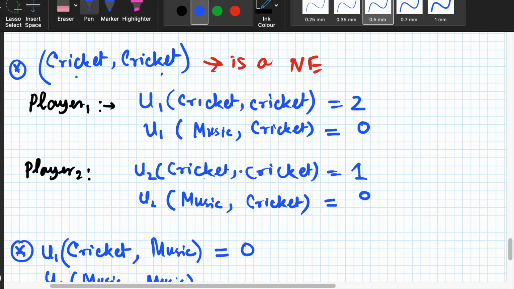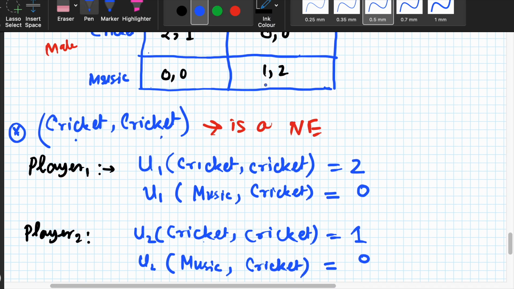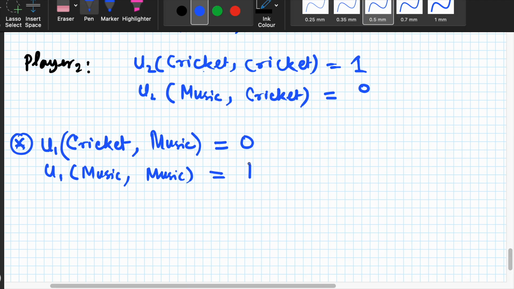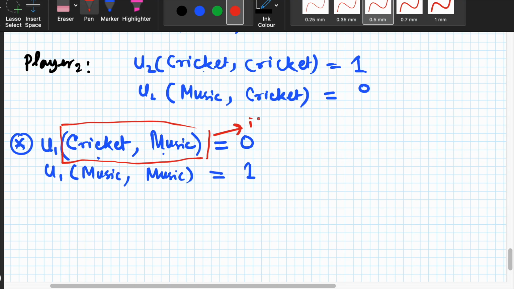Player 1 can get a payoff of 1. So by changing from cricket to music, when the female sticks to her choice of music, player 1 can always do better by choosing music. So player 1 has enough incentive to change from this action profile. That is, cricket, music is not a Nash equilibrium.